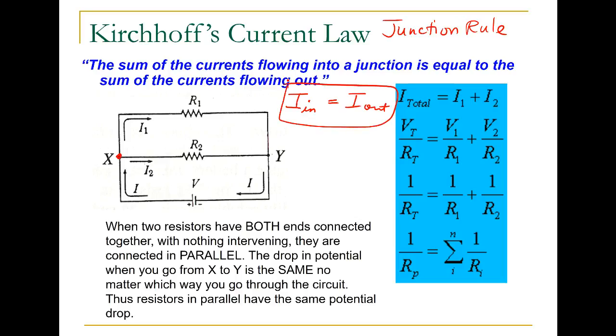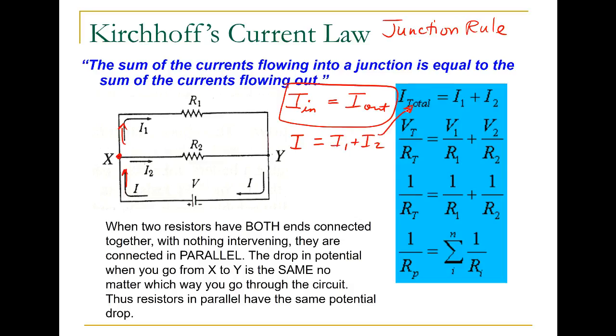We talked briefly about that in the previous portion of this lecture. And so at point X, what's going into it? Well, it looks like I is the only current going in. And what's coming out? I1 and I2.